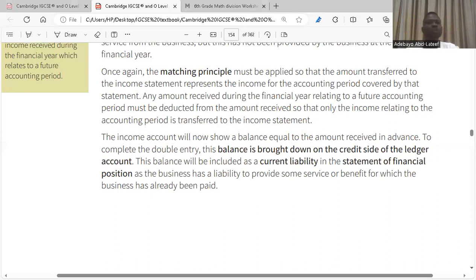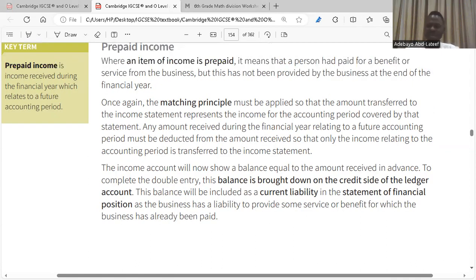Now, how do you prepare your account for such an amount? Prepaid income, sorry, I said accrued, right? I wanted to say prepaid income. Prepaid income means an individual or a business has paid you a certain amount of money for certain services to be rendered, but you've not carried out the job, but you've gotten the payment. That's why it is prepaid income.